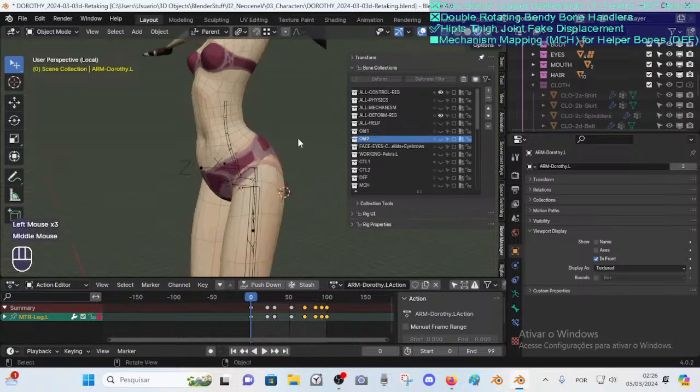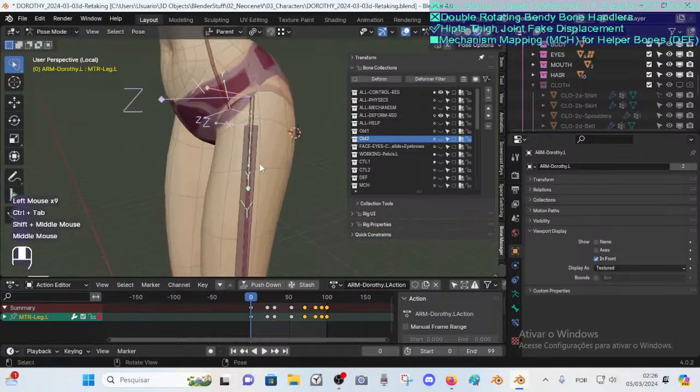So what I built was what I was calling a fake hips thigh joint displacement, and I checked this positively.